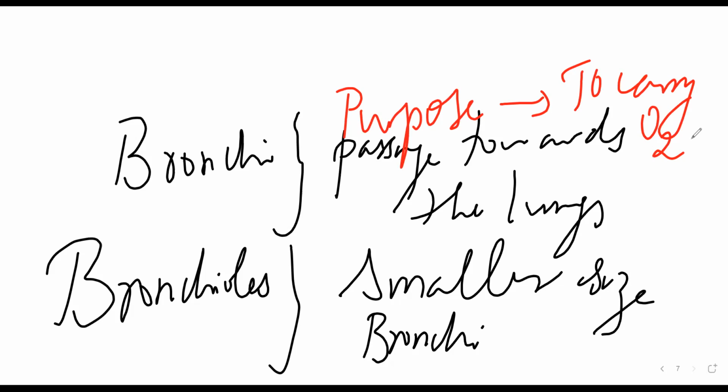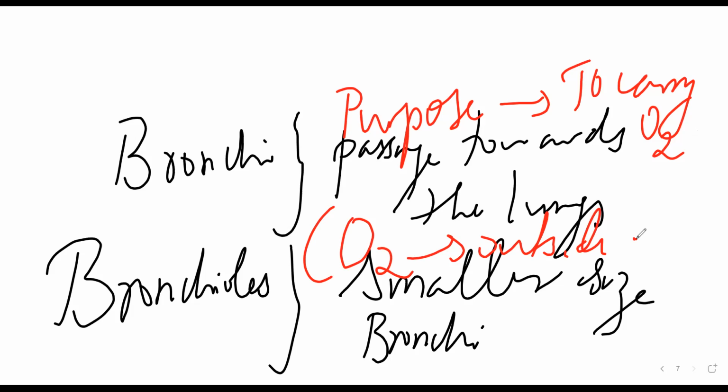Without these, I would only be able to supply oxygen into the lungs but unable to take the carbon dioxide out. Simple mechanism. We all know this.